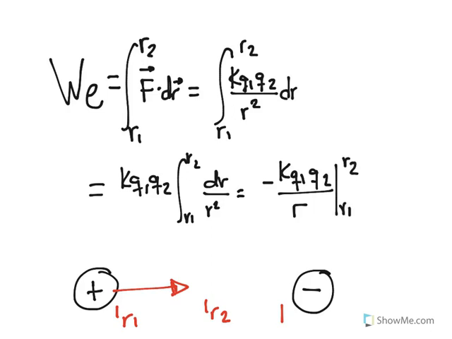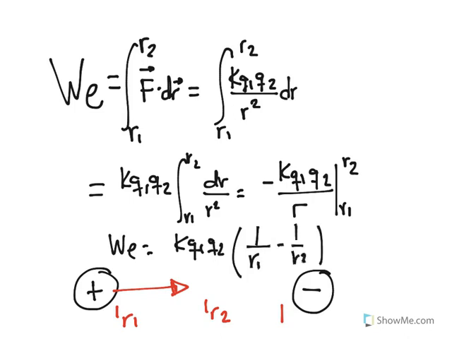So we can have that the electric work is going to be equal to k q1 q2 times 1 over r1 minus 1 over r2. And this r, for instance, is the position. Let's state if this is my 0, it's going to be the position from where the charge starts.